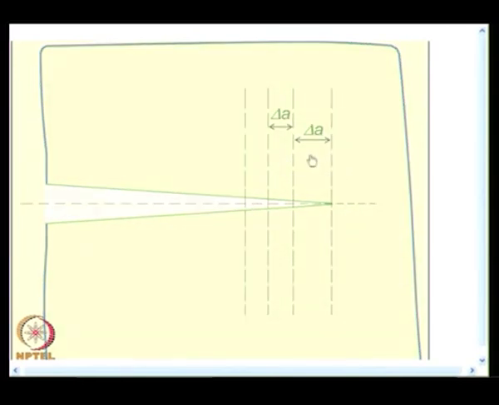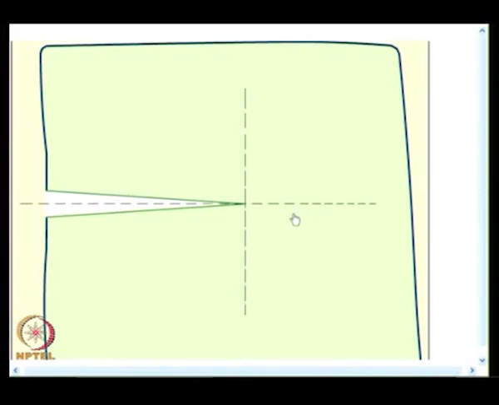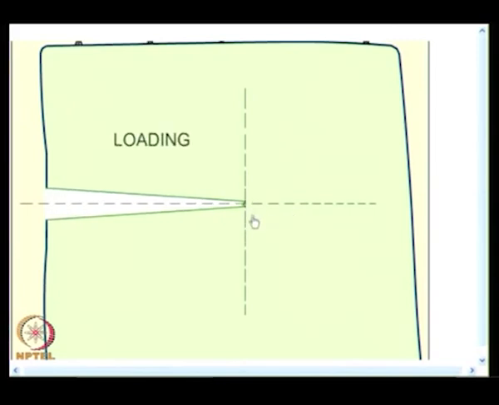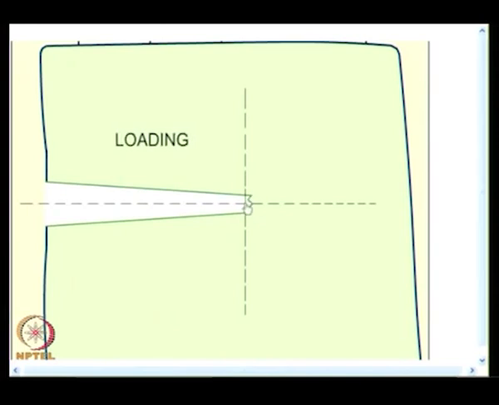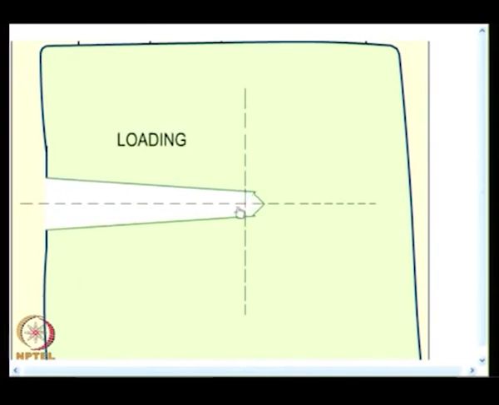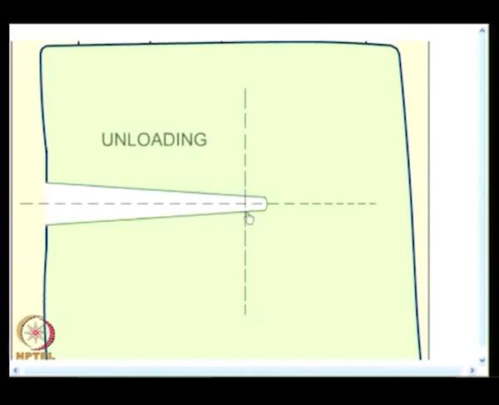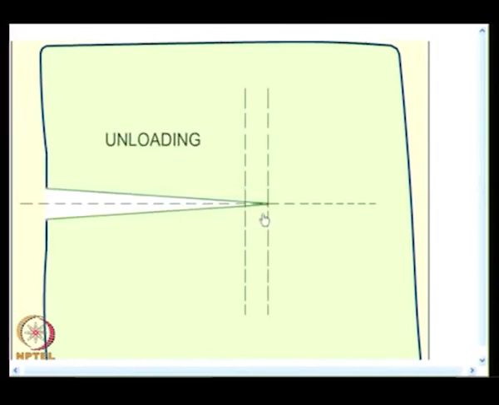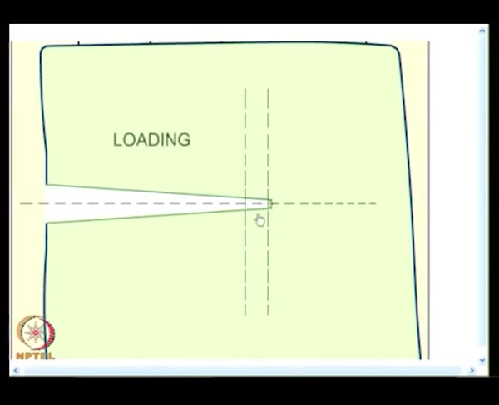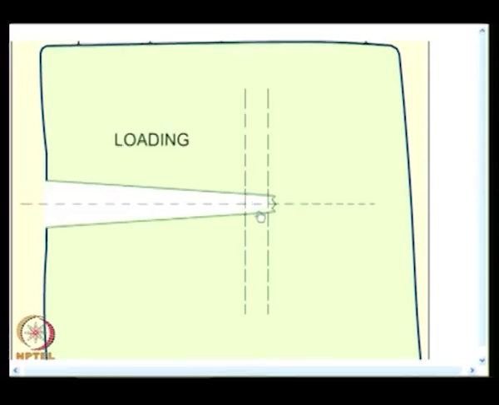When you see the picture in high magnification, you see the kind of details that you look at. When I have slip, that is shown as a slanted line at 45 degrees. So, while the crack is loaded, it gets blunt, and during unloading it gets sharpened. So, this opening and closing leaves a mark on the material which appear as striations.